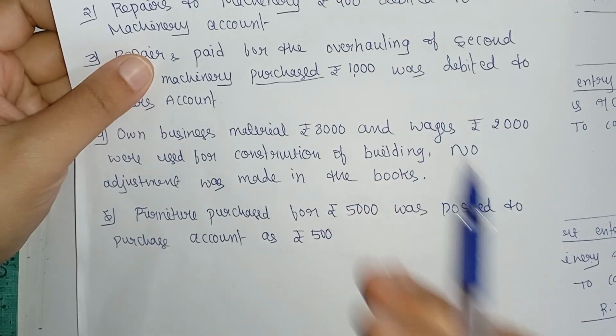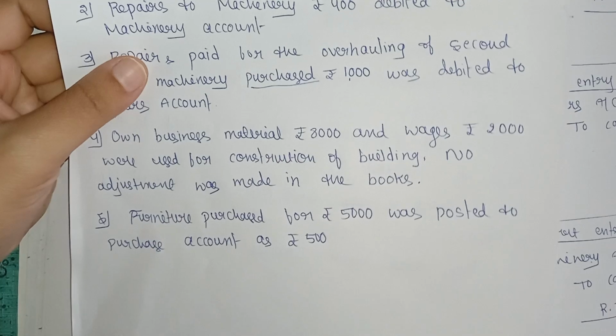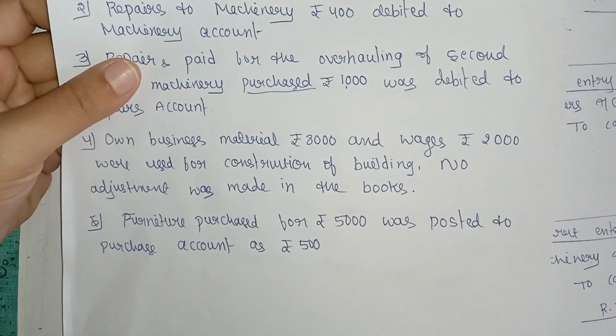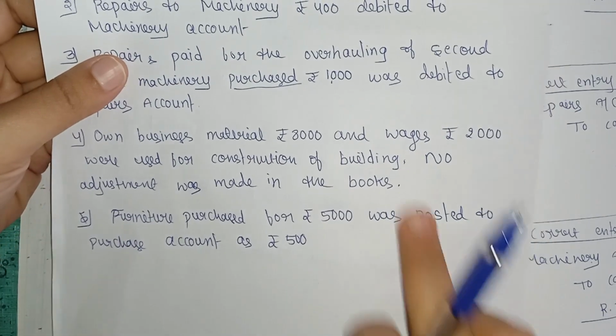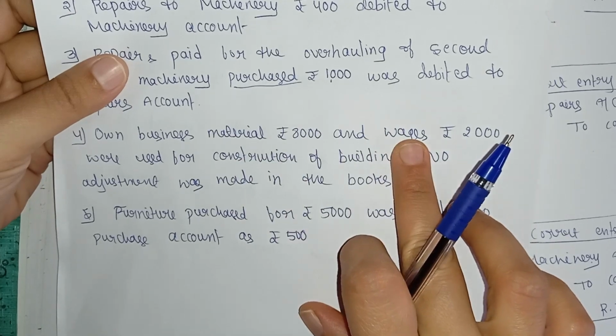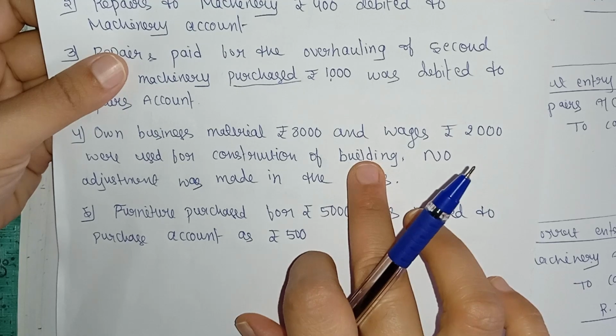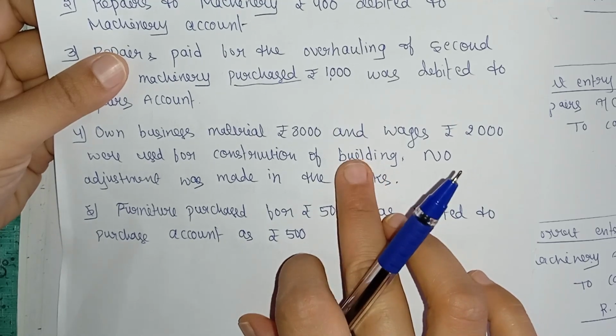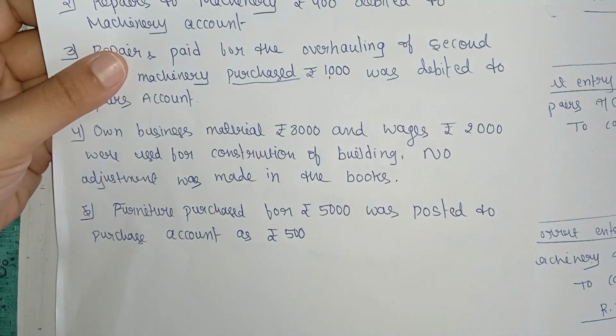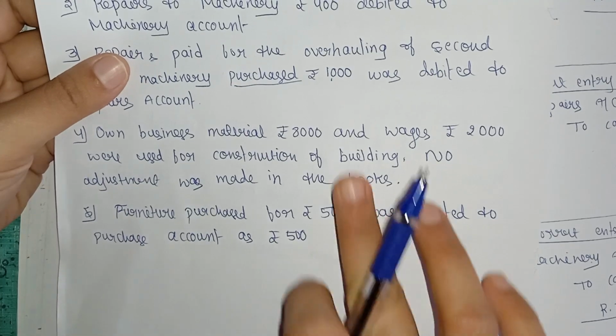So what do we have to do here? When business materials and wages are used for construction of building, what do we have to do then? They should be capitalized as a part of the building account.